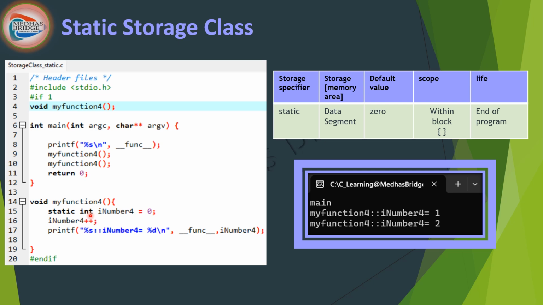It ends when you end the program. Till then this variable is active, but you will not be able to access it elsewhere, as the scope is limited to within this function. Are you clear? So static storage classes are important concepts in C programming, and in any other programming language too.